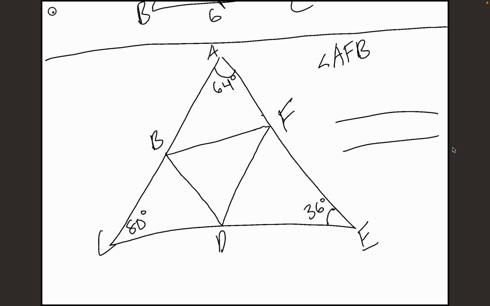Do you remember when we had this, and this angle and this angle were corresponding? Were they congruent or did they add up to equal 180? They were congruent. So the same thing is happening right here. If this angle is 36 down here, where you see my red dot, what would this one be right here? It's also 36. What would this angle be right here? It would also be 36.